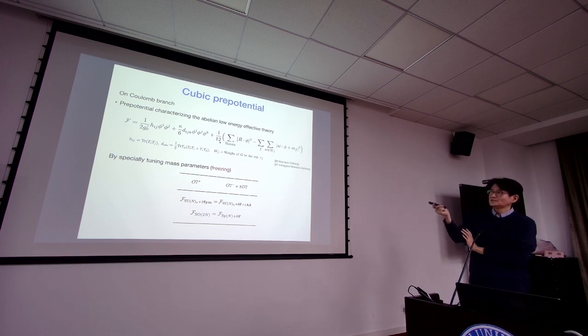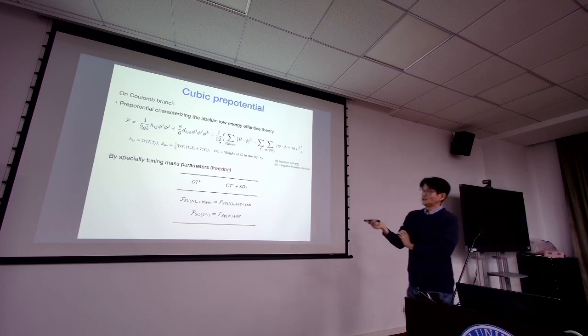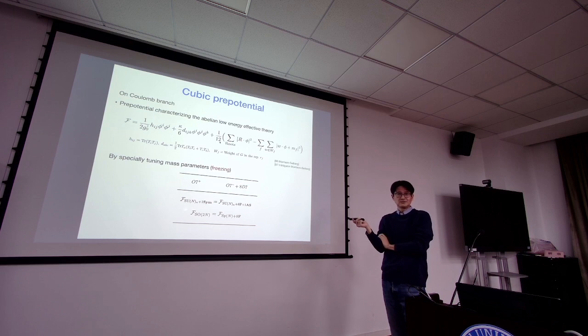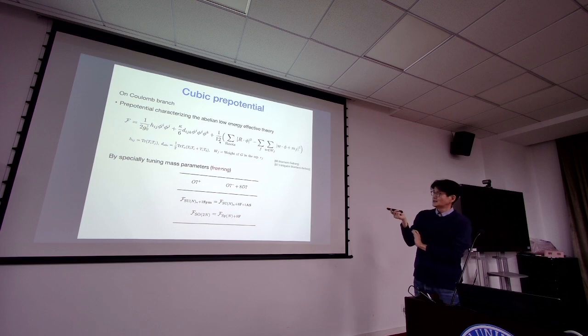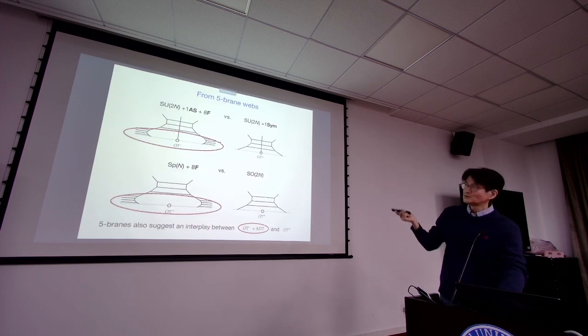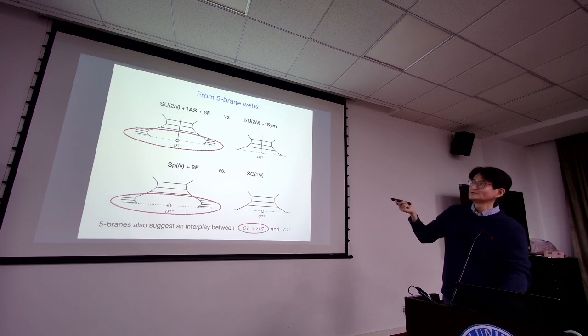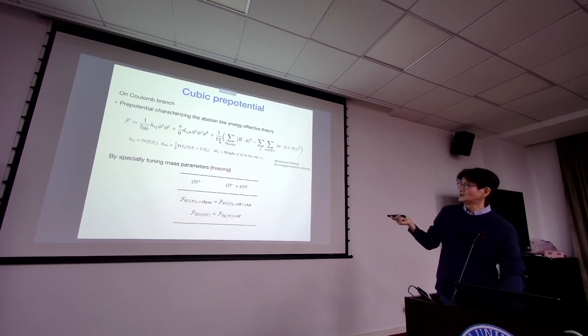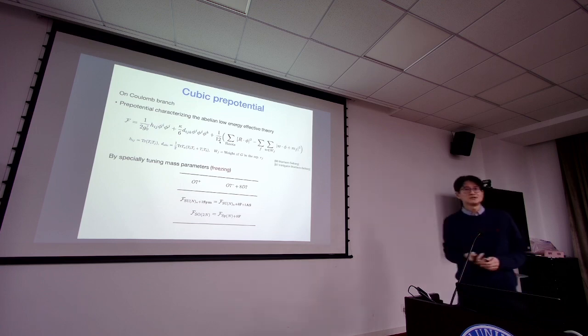We checked that this cubic prepotential in fact matches exactly if we tune the mass parameter properly. We call this freezing: we freeze the mass term associated with the O7-, which gives rise to the same prepotential.